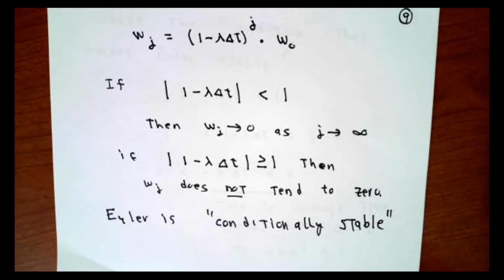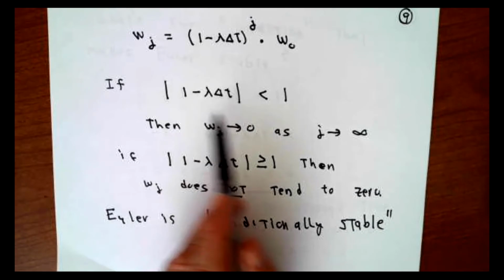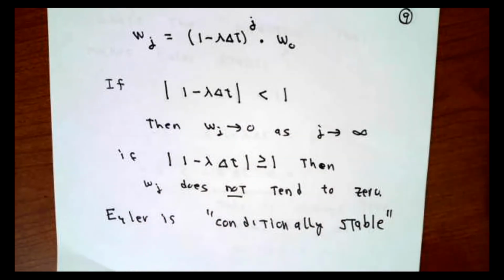We say that Euler is conditionally stable because there is a condition, namely this, for which Euler's method will be stable. The computed solution of our test problem will tend to 0. However, if that condition isn't true, then we don't get a computed solution that tends to 0.